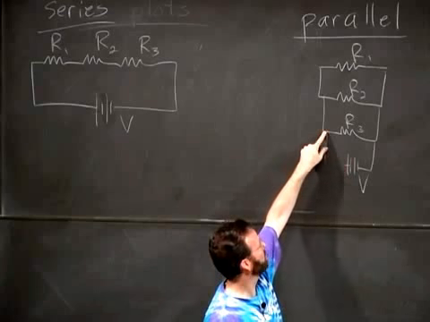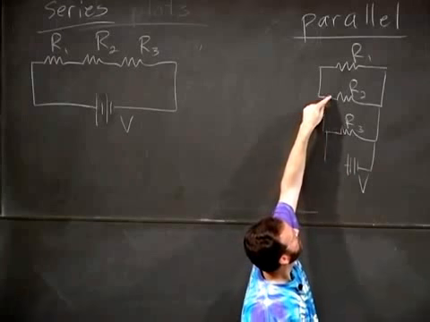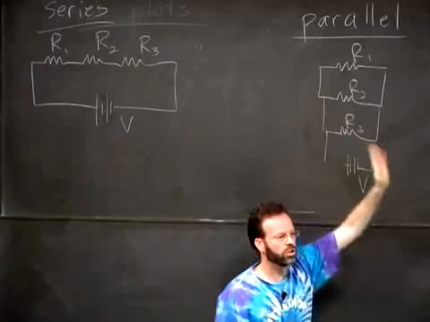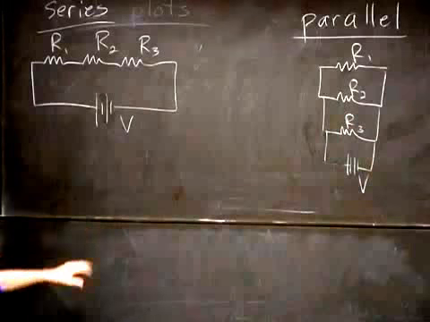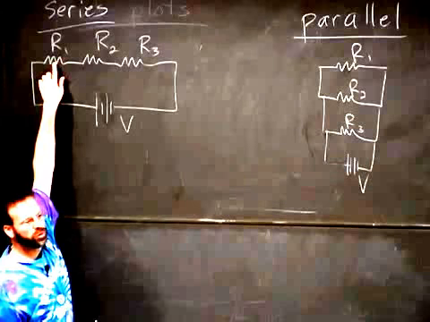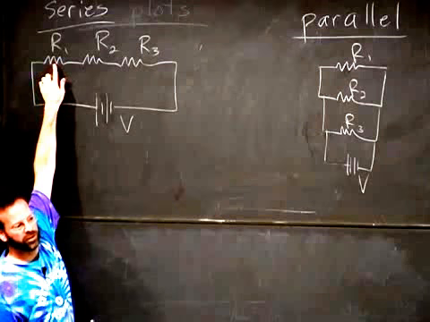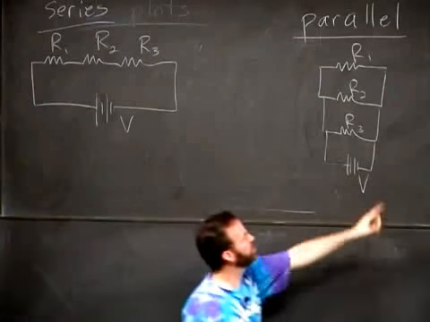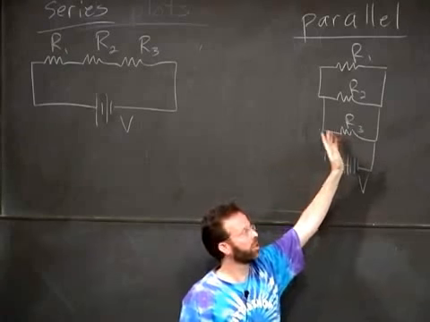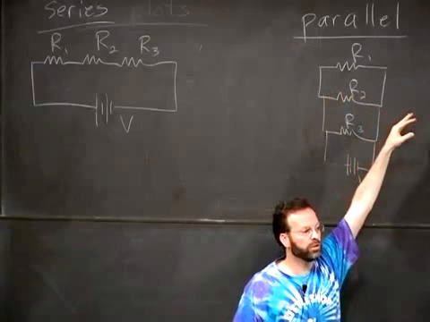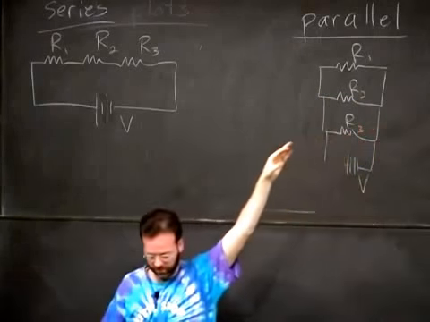When the current comes out to this point, oh, I can go up, or I can go this way. So the current can split over here. So in series, if you disconnect one of these light bulbs or it burns out, what happens to the other two? They go out. How about if this one burns out? Yeah, only that one goes out because the others can still see the electric field, both sides of the battery.